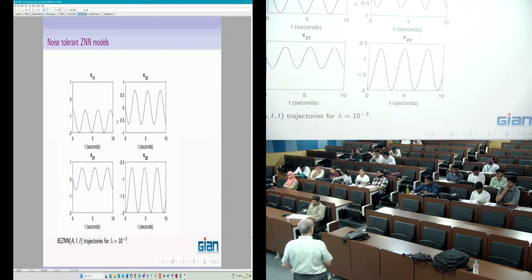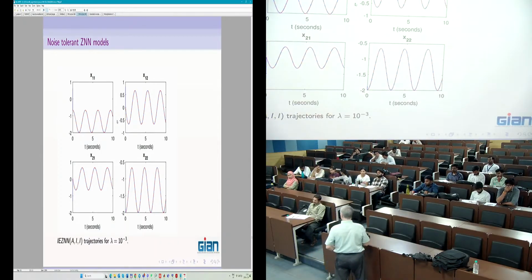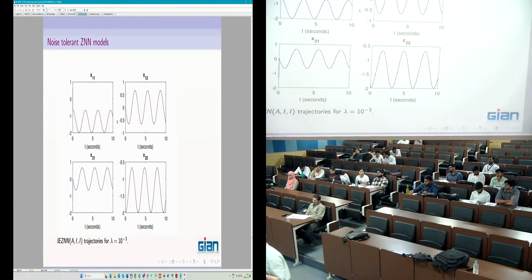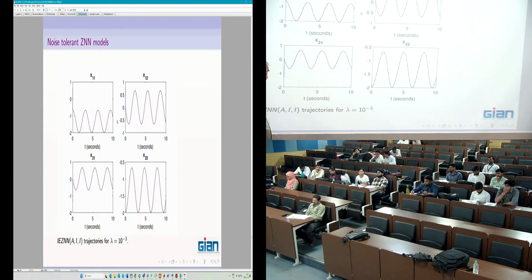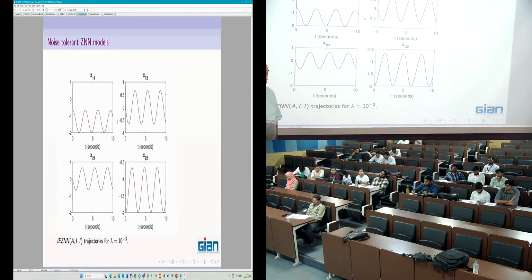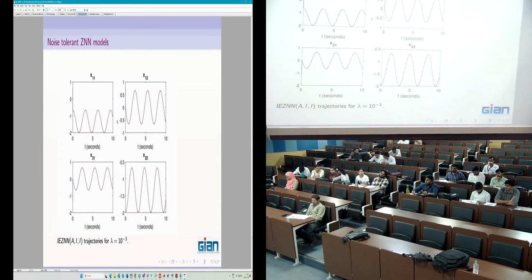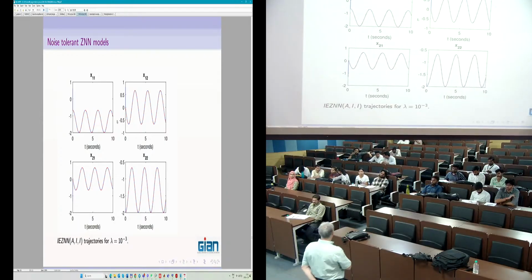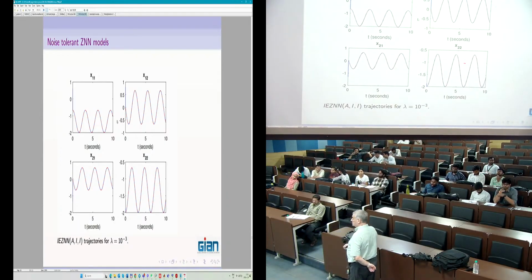Results were satisfactory. Finally, asking for something better than this approximation is not necessary. Of course, we can choose smaller lambda. We will obtain smaller errors, but it will not be visible here.